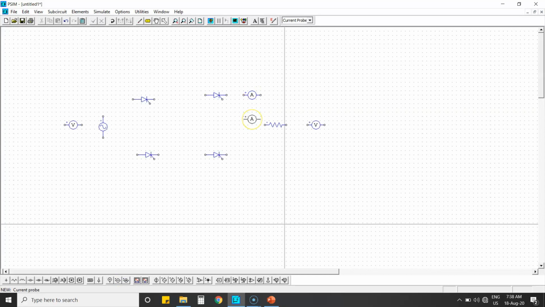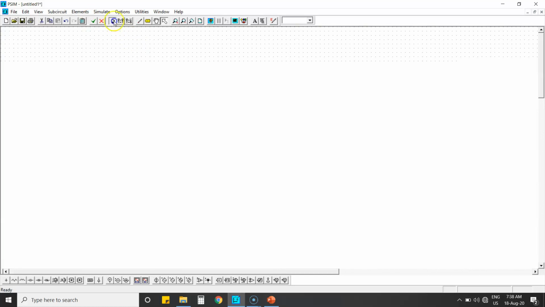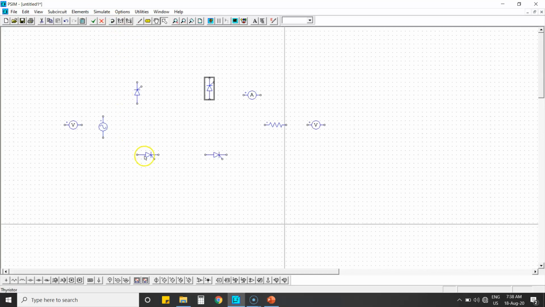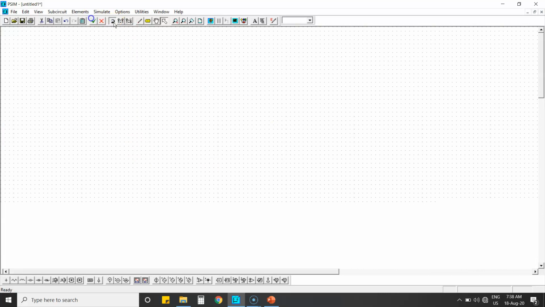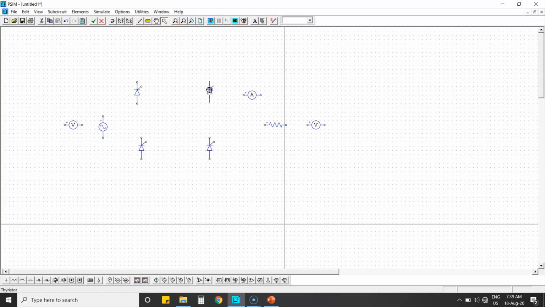So these are the required components. Now rotate the components so that the connection will be easy. Just select the component and click this button, this is for rotation. Similarly, do the same for all the thyristors and other components. You can move the thyristor by selecting and dragging.